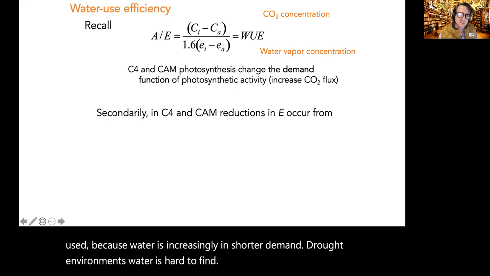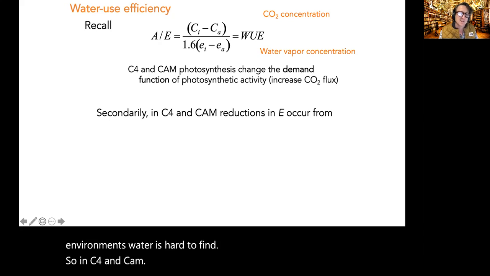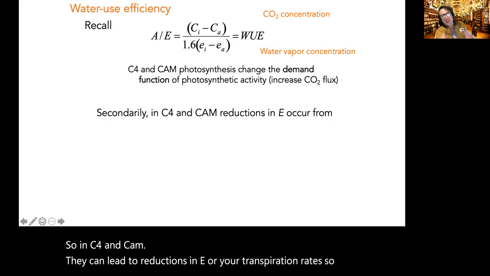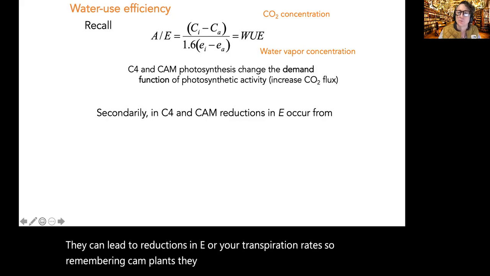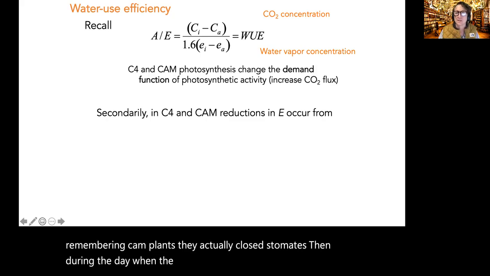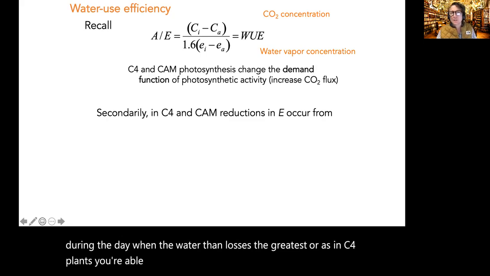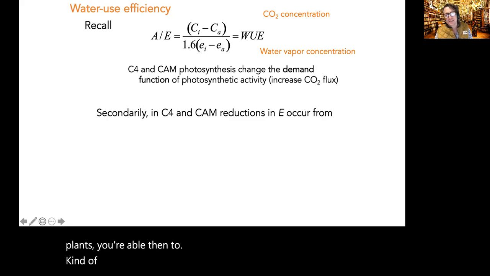So in C4 and CAM photosynthesis, they can lead to reductions in E, or your transpiration rates. So remember, in CAM plants, they actually close stomates during the day when the water loss is the greatest. Whereas in C4 plants, you're able to conduct photosynthesis at a higher efficiency when stomates are increasingly more closed.